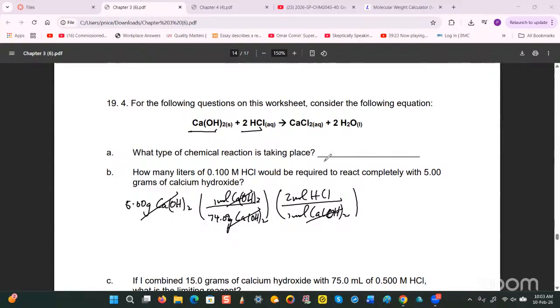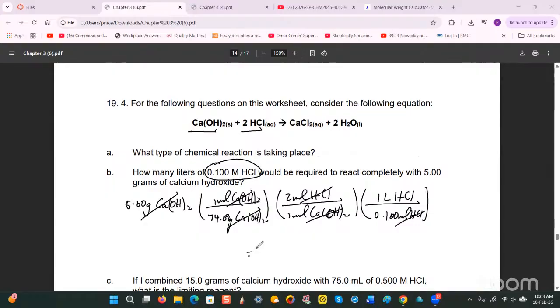So to get the volume, this is where the molarity comes in. The way I would represent that here is that I would put 0.100 mole of HCl below, and the numerator above would be 1 liter of HCl. And that's it. So this unit will cancel with that unit.